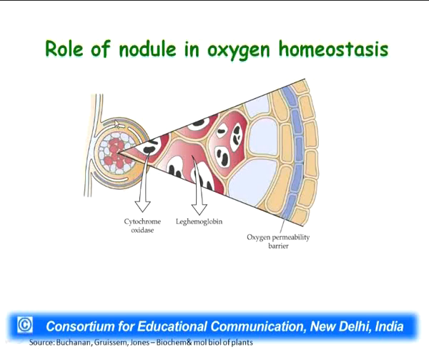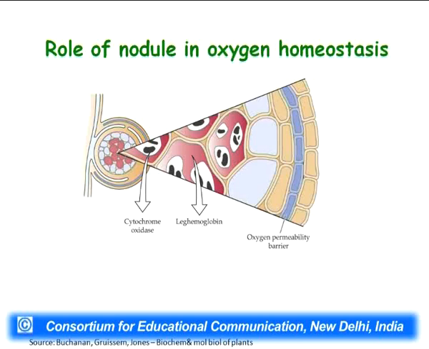There is a layer of cells surrounding the nodule, and those cells have a barrier for oxygen permeability, in other words a selective barrier. So, it is not completely blocked. When oxygen is required, it allows it to go in, but when oxygen is sufficient, it prevents it from getting in. I will tell you now how this permeability barrier works.